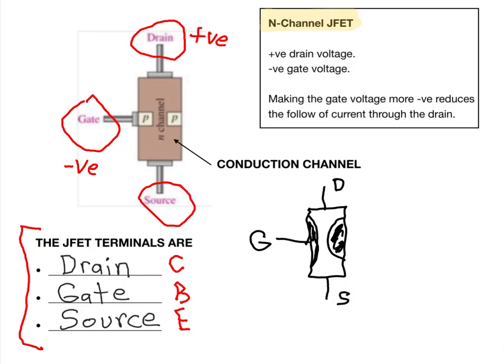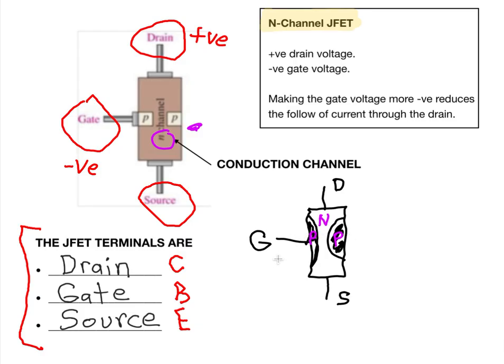So what we have here for the N channel is this conducting channel is doped with free electrons. And then these two P regions here, and again, they're larger than what's shown in this diagram, are sort of internally connected and brought out to the gate.